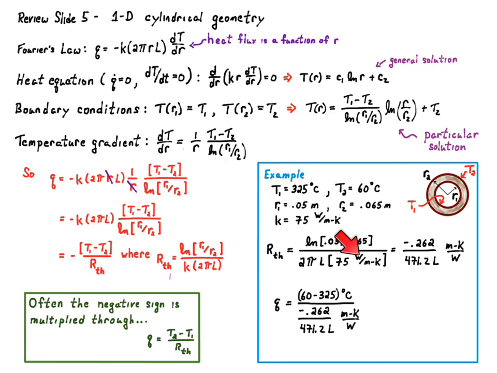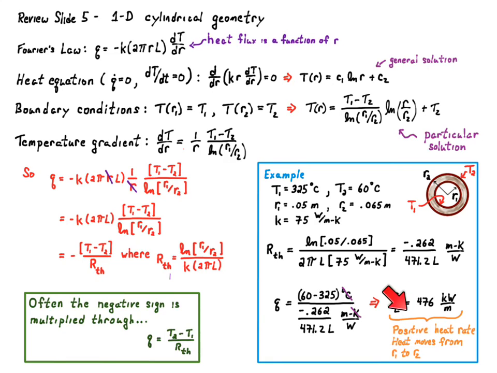Now, taking the thermal resistance, putting this in the denominator, and making sure we carry our negative sign with us, we take T2 minus T1, in this case 16 minus 325, which is again going to yield another negative value, and my negative signs are going to cancel, yielding a positive value for the heat transfer through the cylinder. Since we were not specified a particular length, we're going to report our answer in heat rate per unit length. In this case, the value numerically works out to being 476 kilowatts per meter.